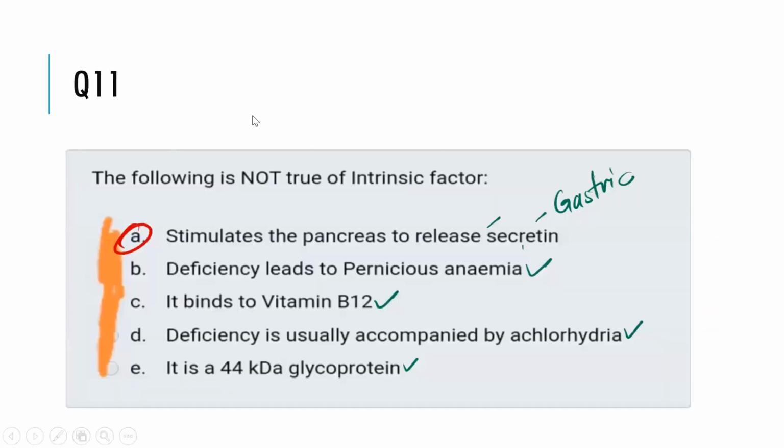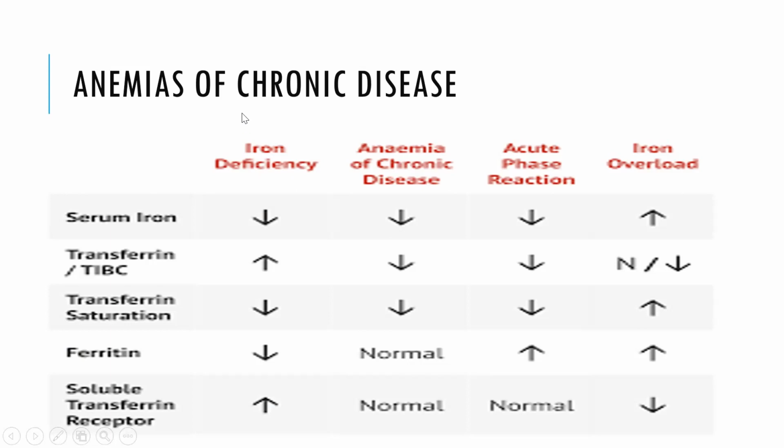Yeah, I think I can try. For transferrin, it's the way you've explained. The body is trying to bind more iron, that's why it's high. But for transferrin saturation, there's low iron in the body, so there's no way the transport protein for iron is going to be saturated.